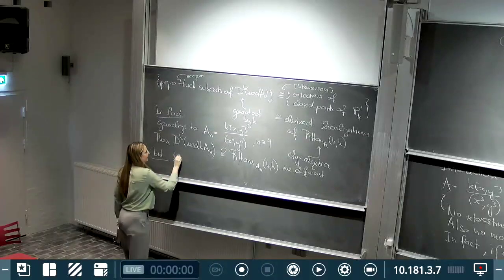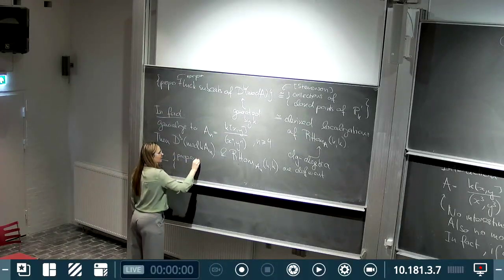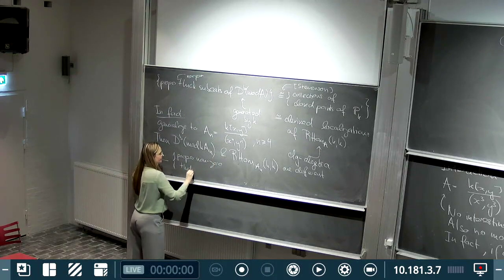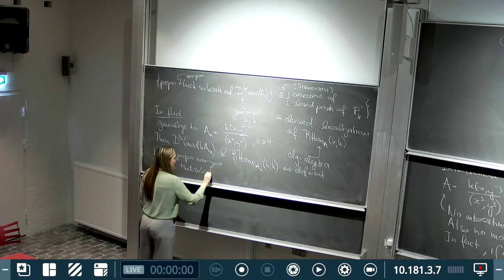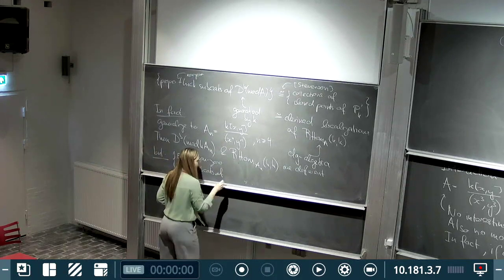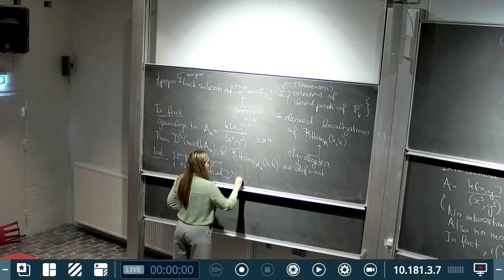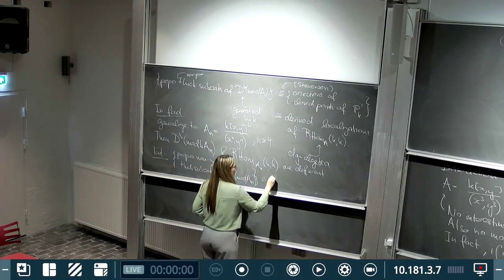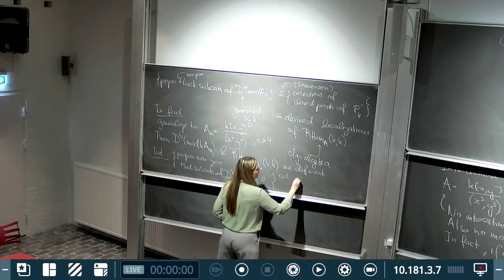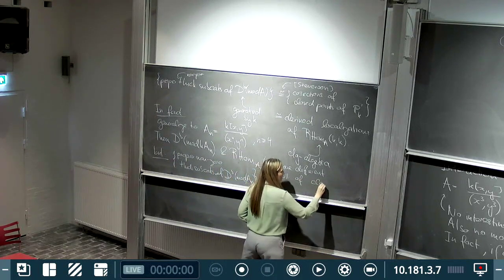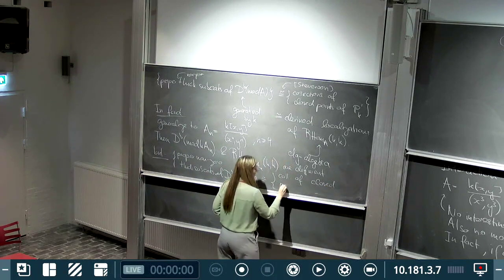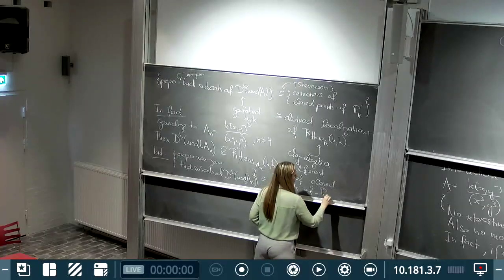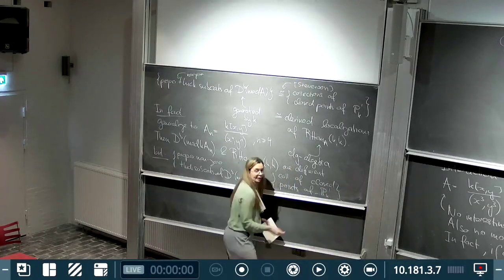The proper non-zero thick subcategories of D^b mod A are still just the collections of closed points of the projective line. So that's still the same.